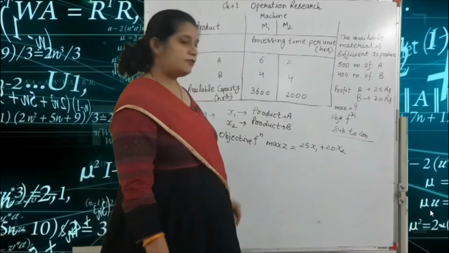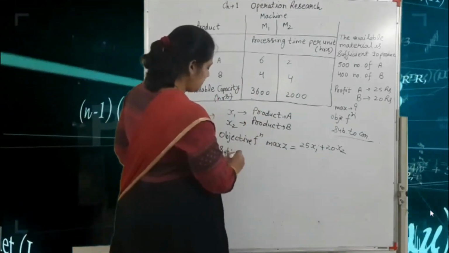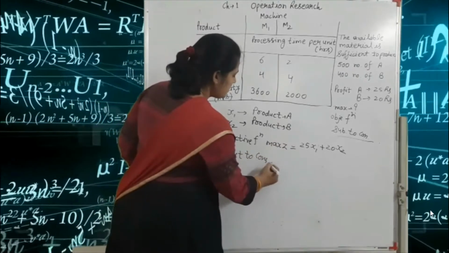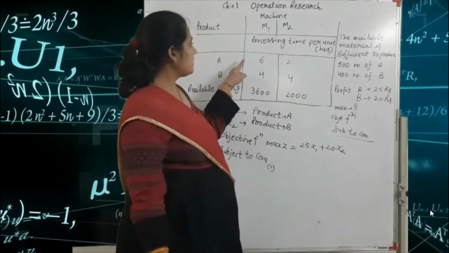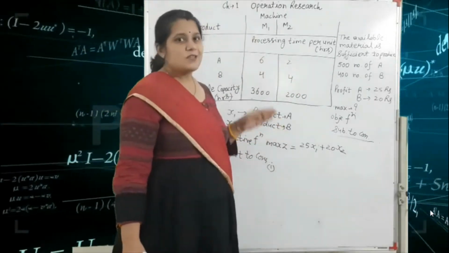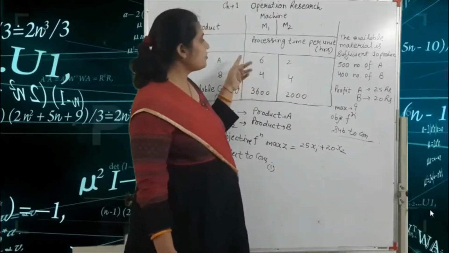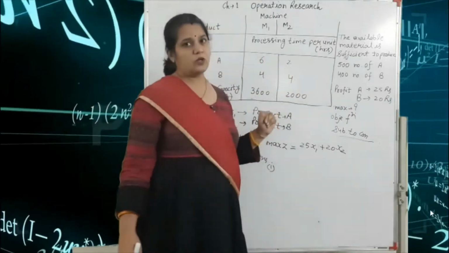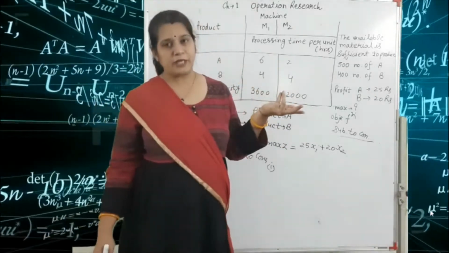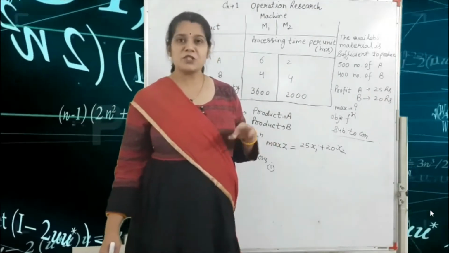Next we write the subject to constraint equations. For the first equation, see these values carefully. If the 6 and 2 are included only in product A, we would write 6x1 plus 2x1, but that is the wrong way.